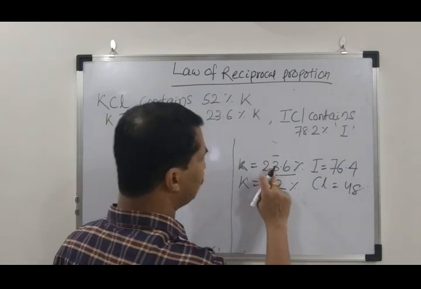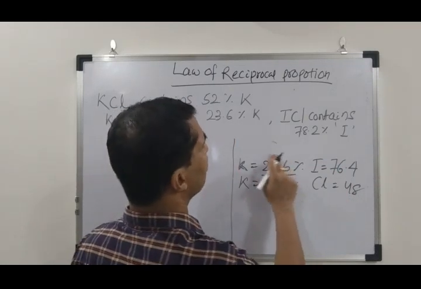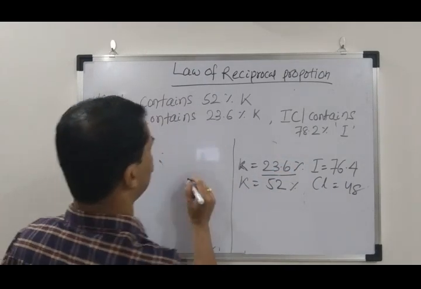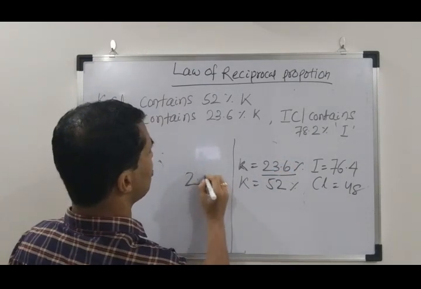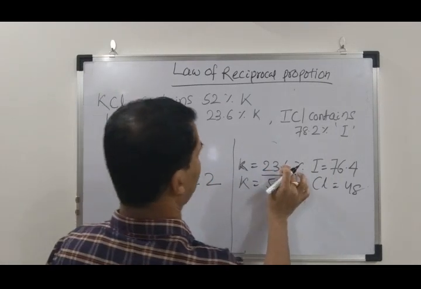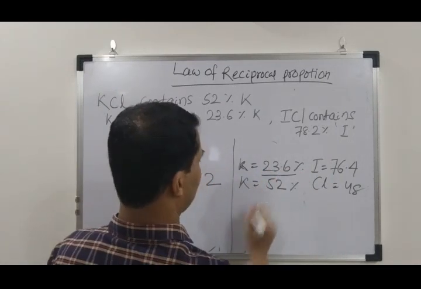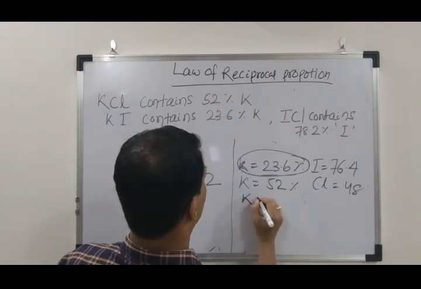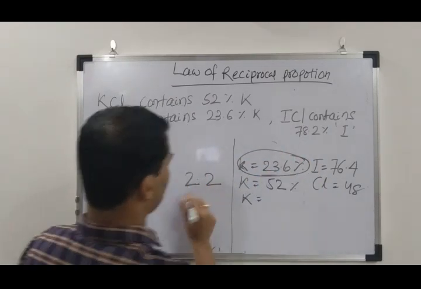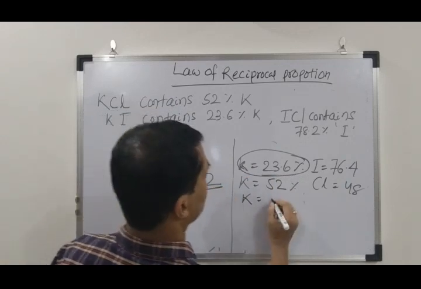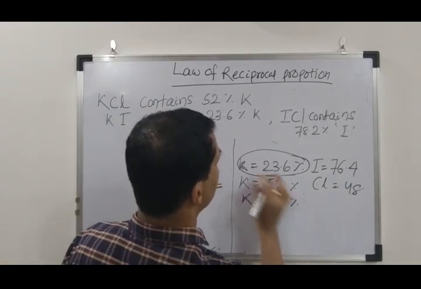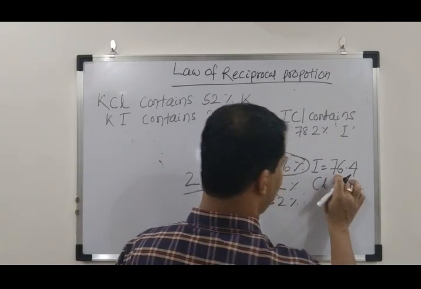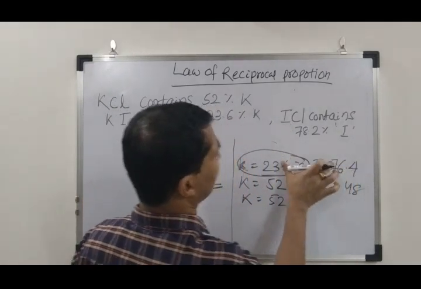In order to make it 52, I multiply here with a constant of 2.2, then it will become 52. So I convert 23.6 and multiply with the constant 2.2, and it becomes 52%. If I multiply here with the constant 2.2, then I have to multiply the same factor here to keep the ratio the same.